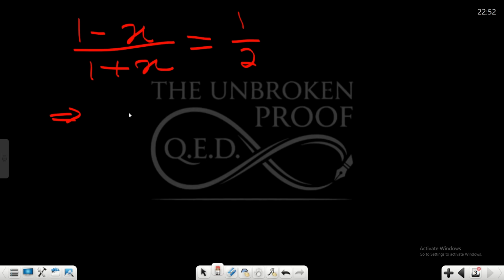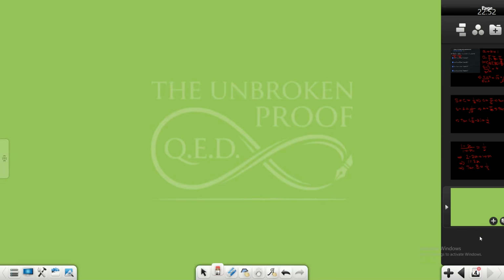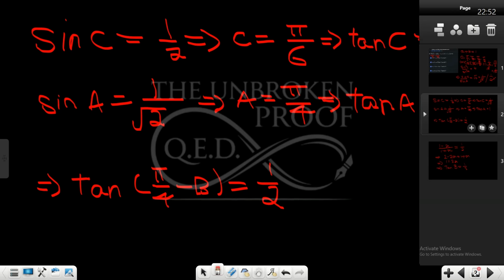This implies 2 minus 2x is equal to 1 plus x, and this implies 1 is equal to 3x, and this implies tan b, right? Tan b is equal to 1 by 3. Okay, this implies tan b is 1 by 3.